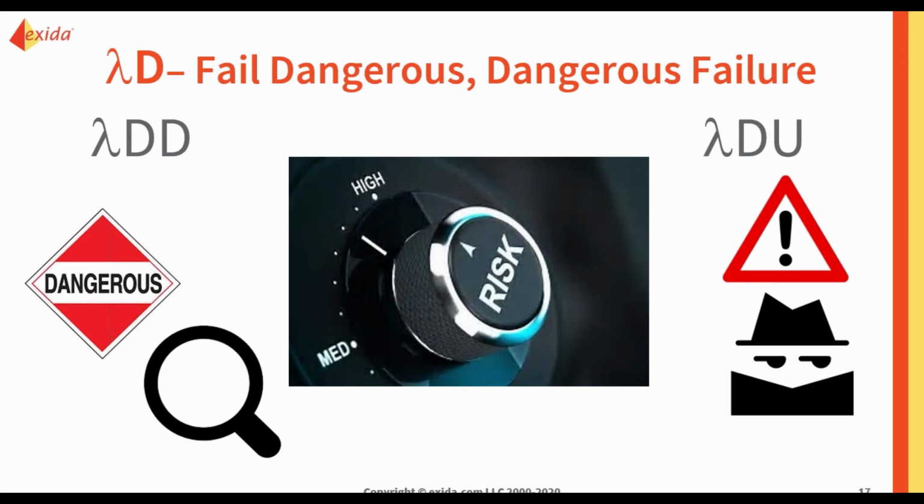It can't achieve a safe state. So if you have a dangerous detected failure, it would be when that failure would prevent it from doing its job. However, because of your internal diagnostics, you were alerted to this could be happening. You were given an alarm, you were given a warning that something is not right here.